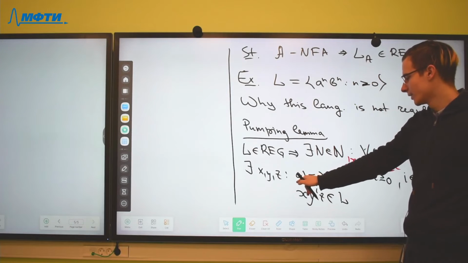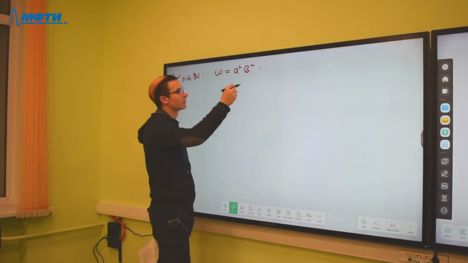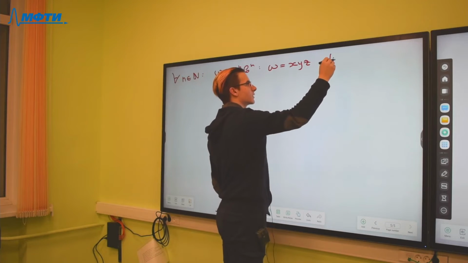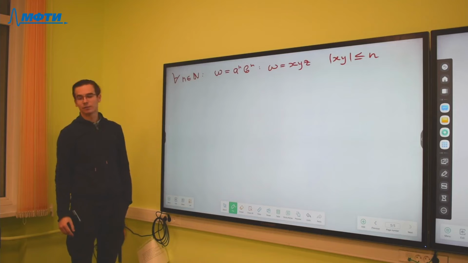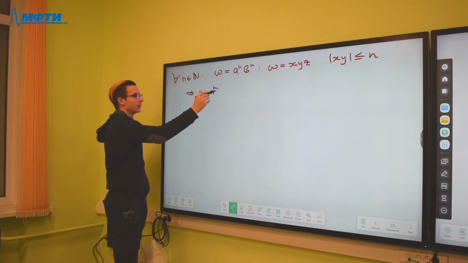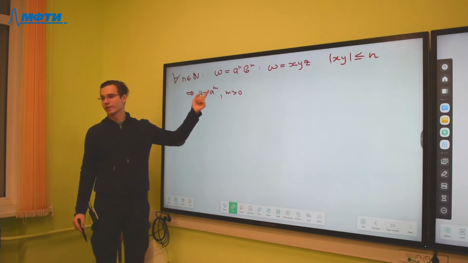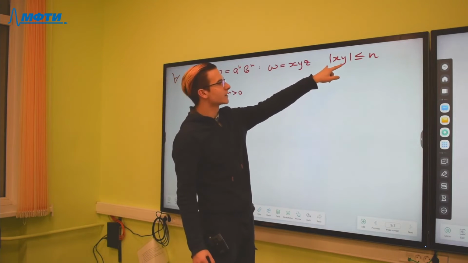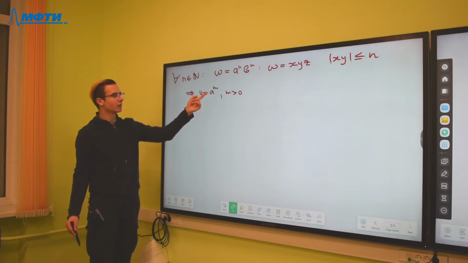If we take omega as a word with the length 2n, then if we divide it into 3 parts x, y, z such that the length of xy is smaller than or equal to n, then we can say that y is equal to a in power m, because the first n characters are equal to a, and xy is a prefix that is smaller than or equal to n.